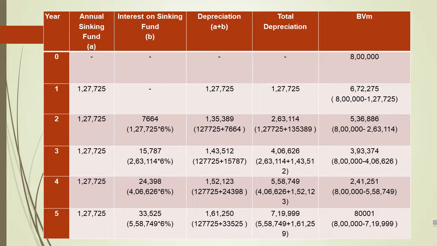That will be 8 lakh minus 7,19,999, that is 8 lakh minus the total depreciation of the 5th year. So when I deduct, I'll get 80,001. So this is how you are going to calculate depreciation through the sinking fund method.